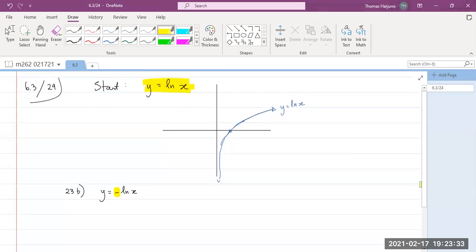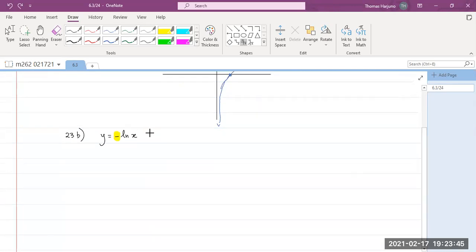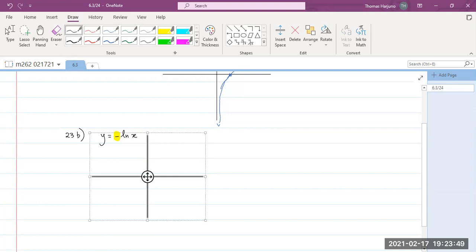Basically, it becomes upside down, right? You flip with respect to the x-axis. So negative ln x will be upside down.